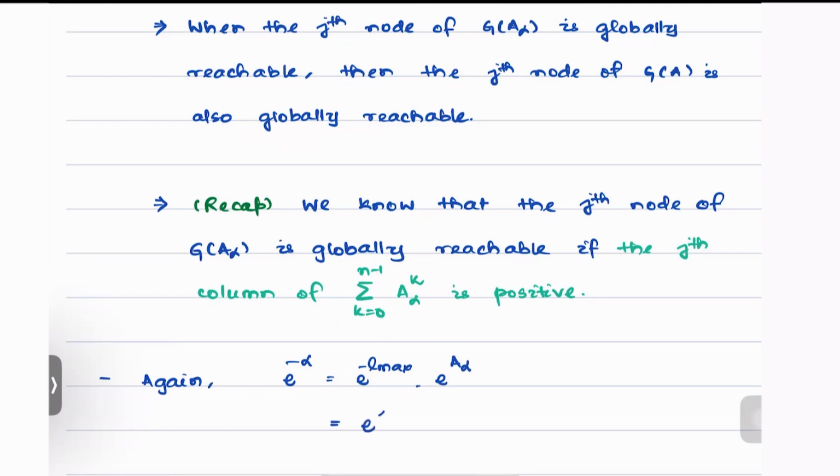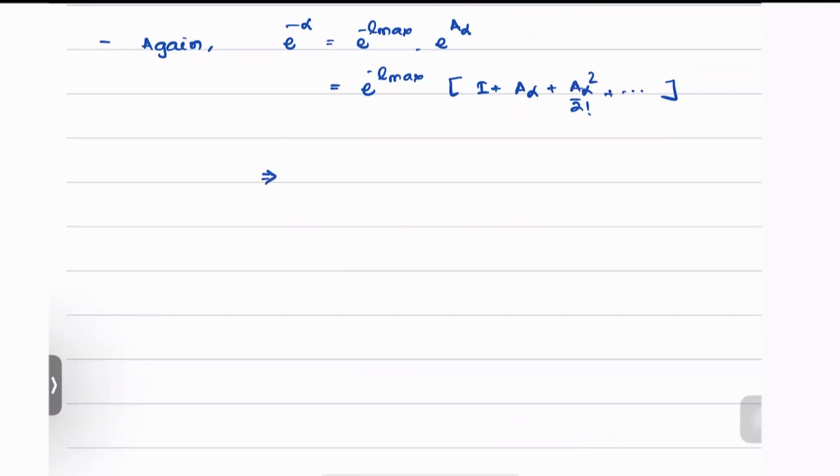And what we can again do is write e raised to the power minus L_max times I plus A_L plus A_L squared up to infinity, meaning e to the power minus L is equal to e to the power minus L_max times the summation of k going from 0 to infinity, A_L raised to the power k.